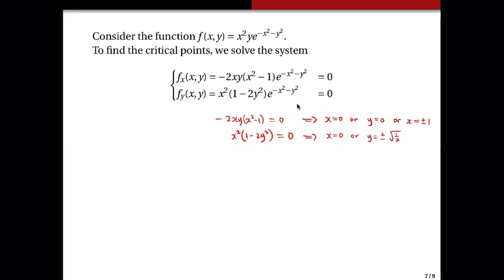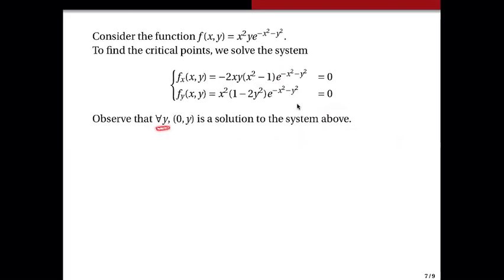So again, these two will be satisfied at the same time if x is equal to 0. So observe, for all y, 0 comma y is a solution to the system. Your x is equal to 0, so whatever your y is, this is true.